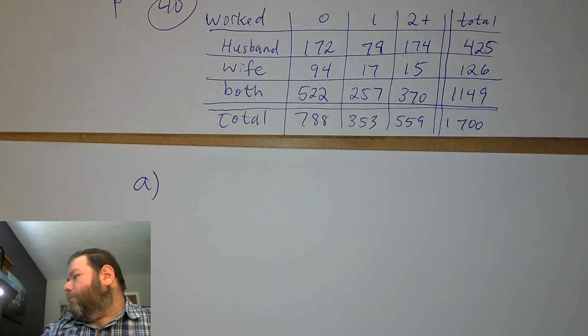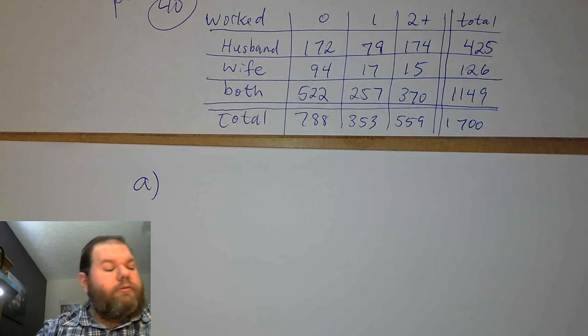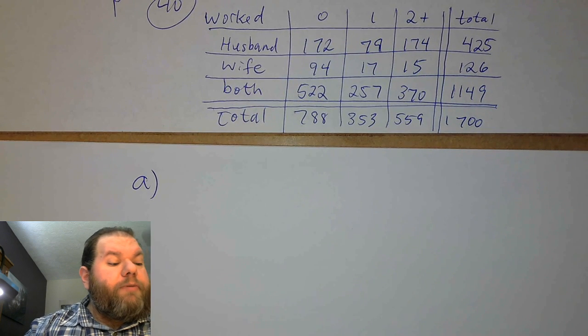A. What is the probability that for a married couple selected at random, both spouses work?